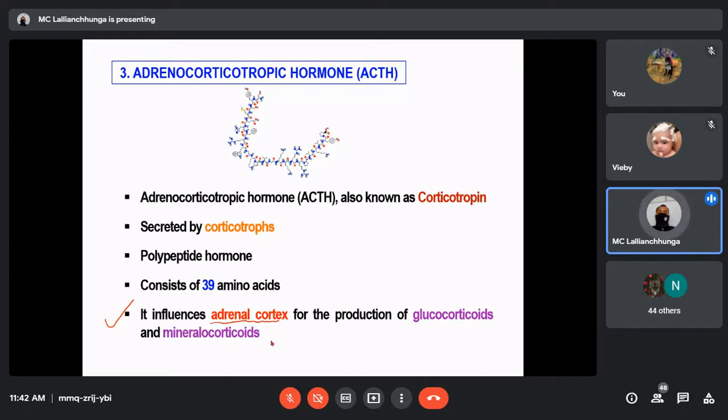So the target organ of ACTH is the adrenal cortex, to produce glucocorticoids and mineralocorticoids. These are hormones only.